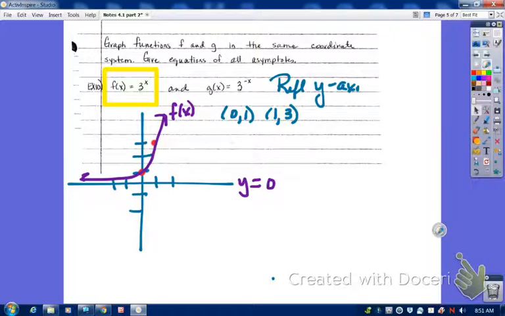So 0, 1 is not going to move because it's on the y-axis. But 1, 3 will move to negative 1, 3. And then you will sketch in g of x. And g of x has the same asymptote as f of x, so you'll just leave that y equals 0 out by your asymptote.